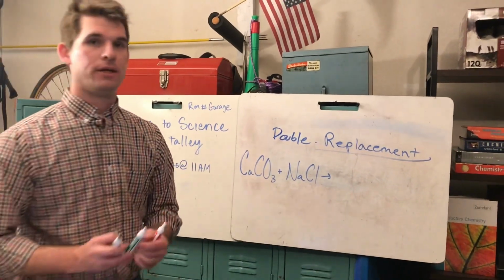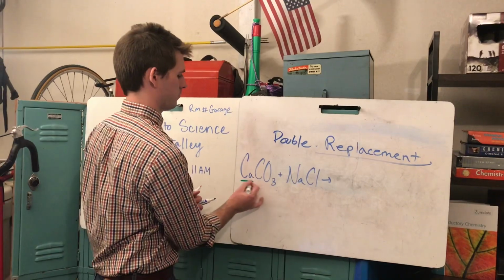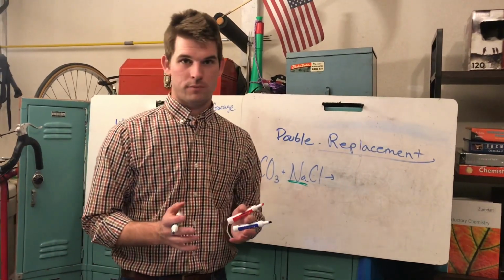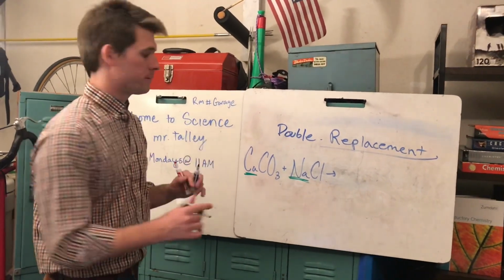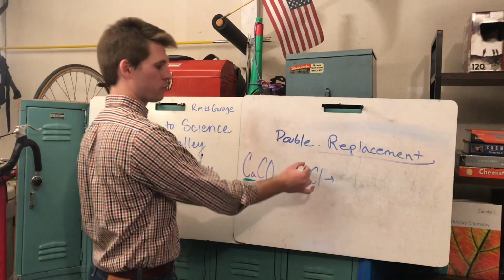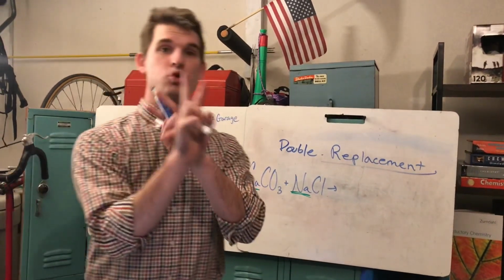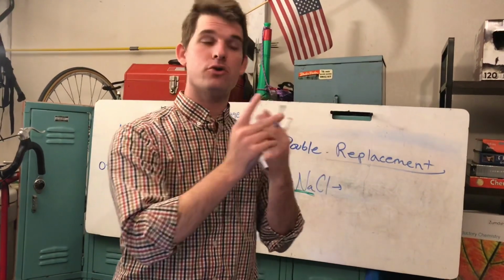What's going to happen is the calcium and the sodium are going to switch places, okay? The reason it's double replacement is because the calcium is switching partners and sodium is switching partners. They both are swapping partners. In the other one, one of them was already single, but now they're both switching partners.